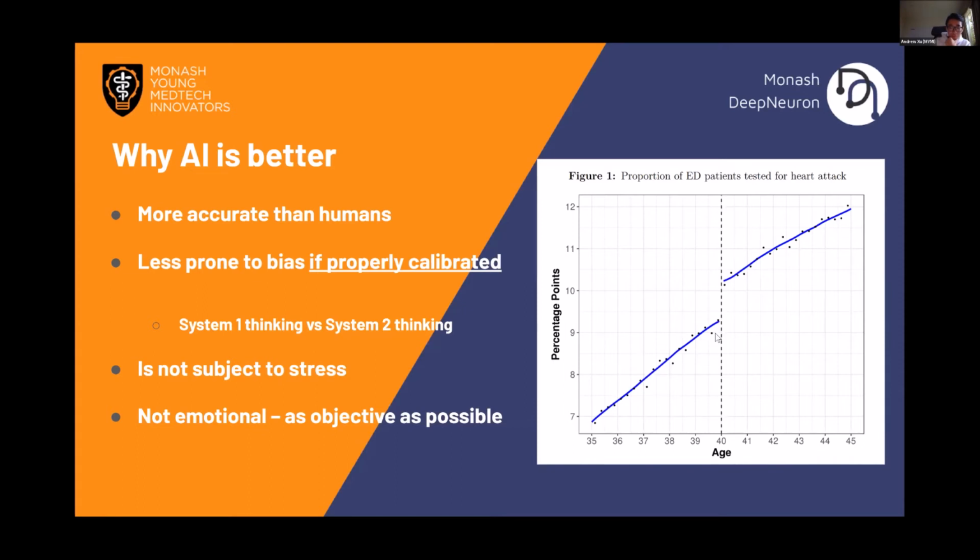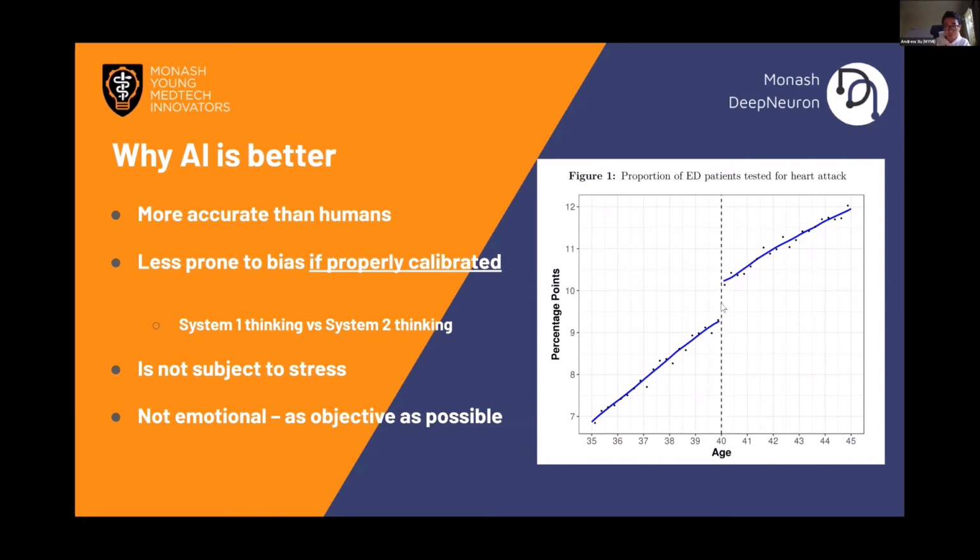the difference between ages 39 and 40 is much more than it should be, which objectively doesn't really make sense, right? Because if I'm 39 and 364 days old, the probability of me having a heart attack compared to the next day, when I'm 40, is not that much different.